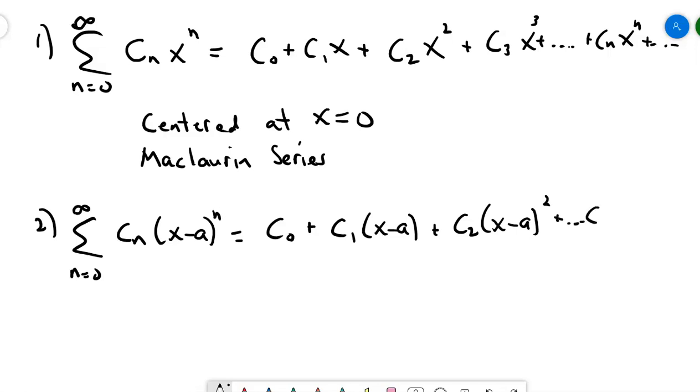And this will go until I get to c sub n times x minus a to the n, and keep going over that. That is a power series that's centered at x equals a. So, like my natural log function, I will not want to center that at x equals 0, but I might want to center that at x equals 1, and so I would use a power series formula that looks like that to talk about what happens to the series centered at x equals 1.